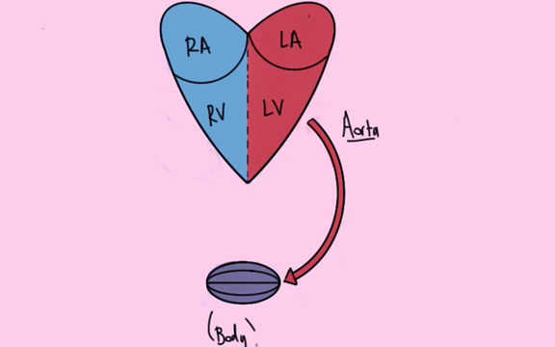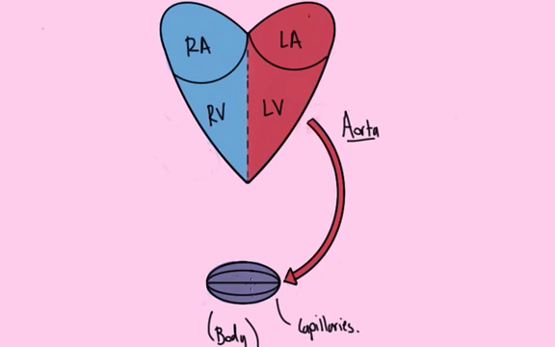This funny little thing that I've drawn right here represents a capillary bed. So the aorta is the fattest artery in the body, and it's going to get smaller and smaller until eventually it becomes something called a capillary. The capillaries are the thinnest blood vessels that you have in your body, and that's where gas exchange occurs. So remember, the reason that this whole thing's happening is because your body needs oxygen, and it needs to get rid of carbon dioxide. So this is red because it's rich in oxygen.